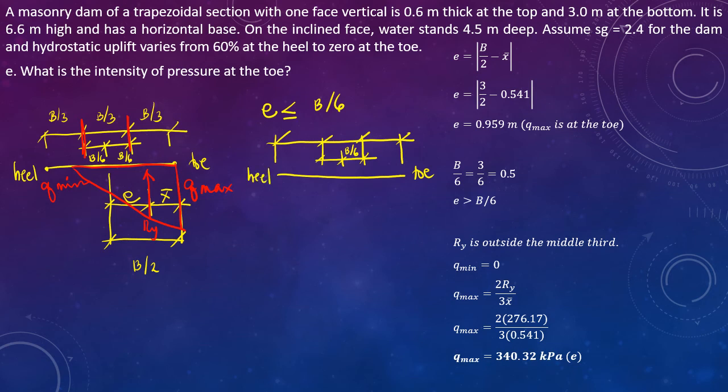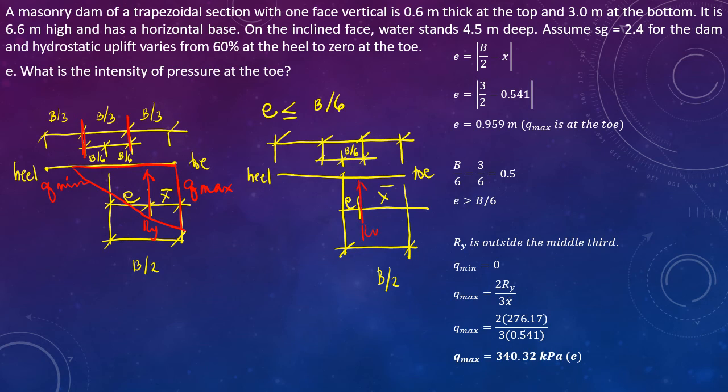Now if we have also B over 2, now this time E is less than B over 6. So this will be the location of your Ry.